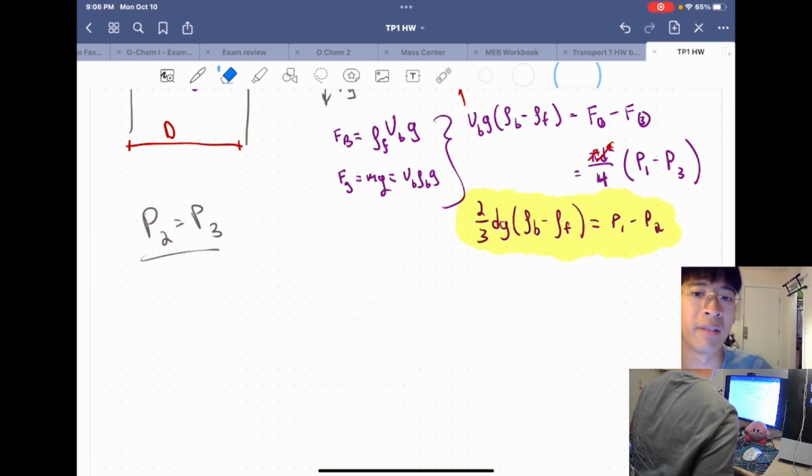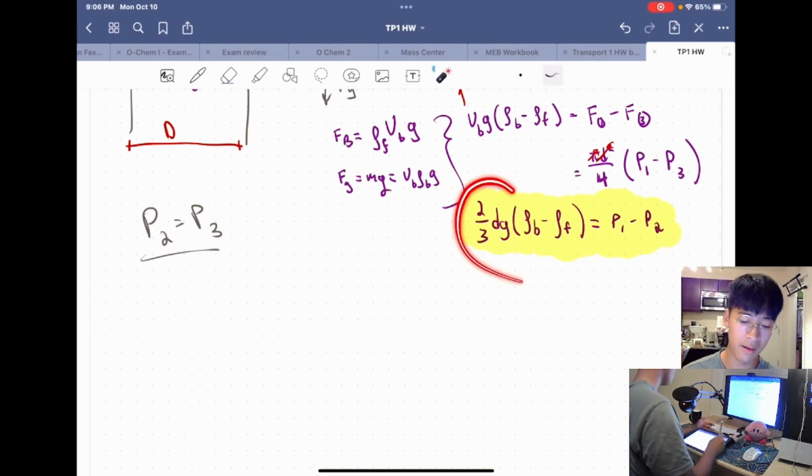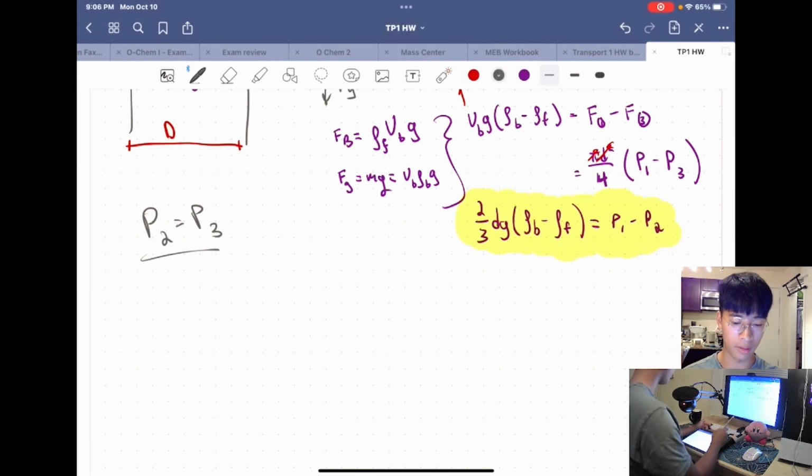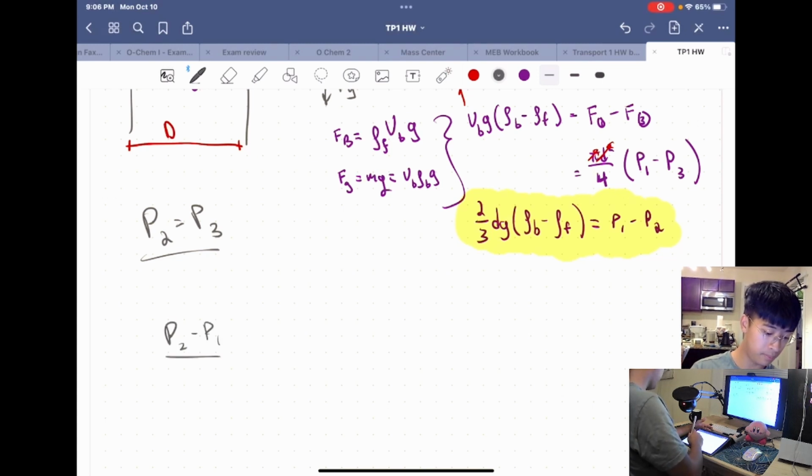All right. So now that we have our force balance done, we can go ahead and apply Bernoulli's equation to this particular situation. Bernoulli's equation is like so. Honestly, you should have this memorized at this point.